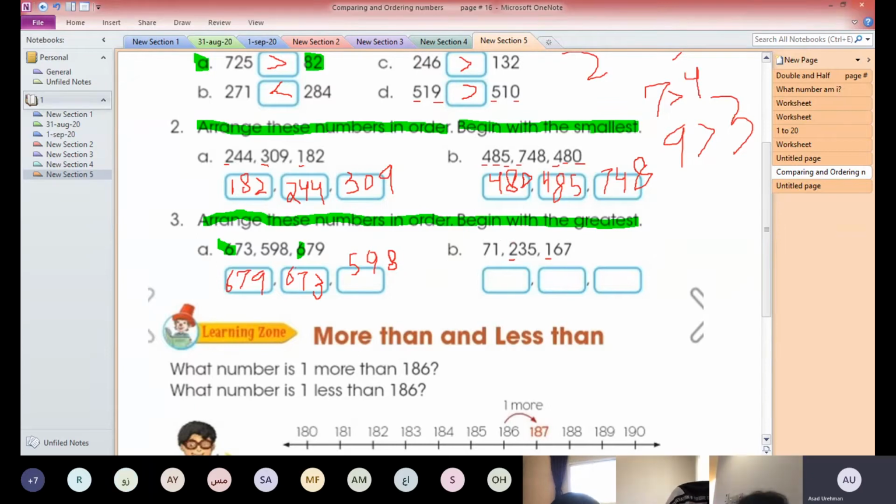So that means this is the highest one. 2 is greater than 1. So that's why I will write here 235 first. 2, 3, 5.